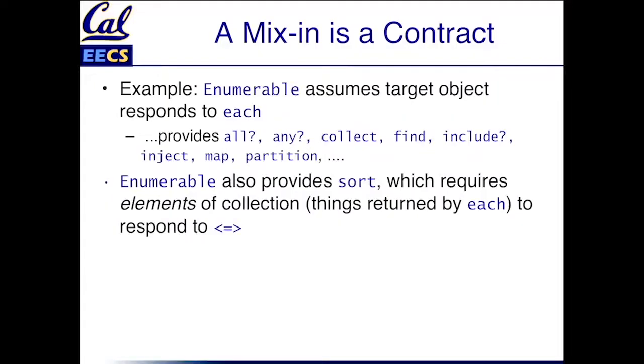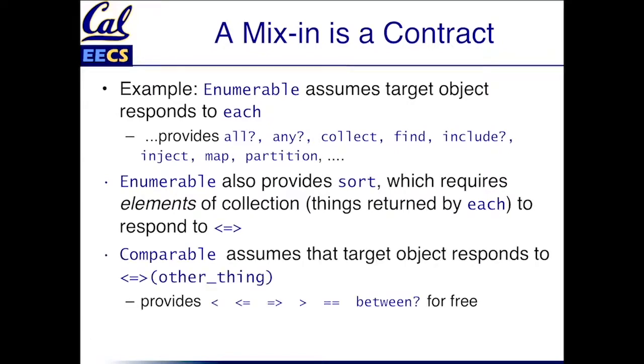Now, obviously, in classes like int and string, spaceship is already defined with the semantics that you would expect. But the important thing about this is, if you have a collection of things, and the collection responds to each, and if the elements in the collection respond to spaceship, then you have to do 0 work to get that thing to be sorted, right? Because what is sorting? It's taking pairwise comparisons and seeing which one is greater of the two, and in some algorithmic form, putting those things back together.